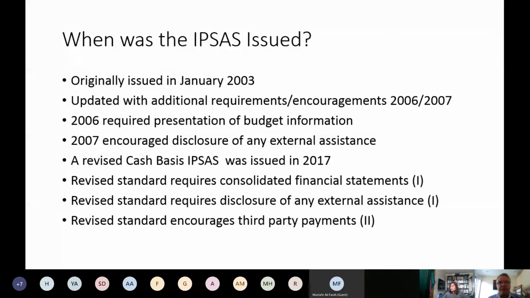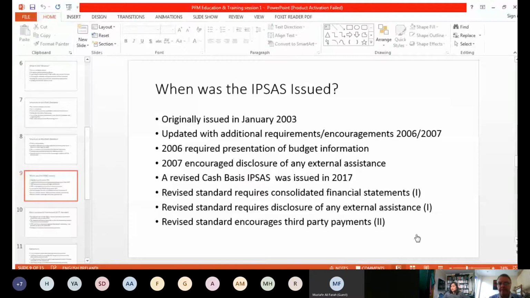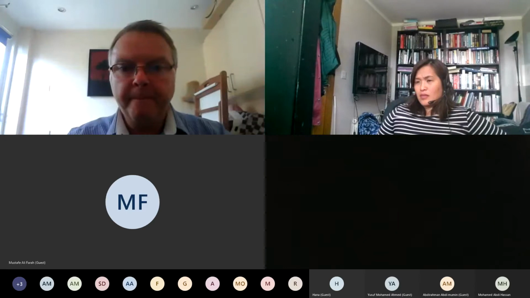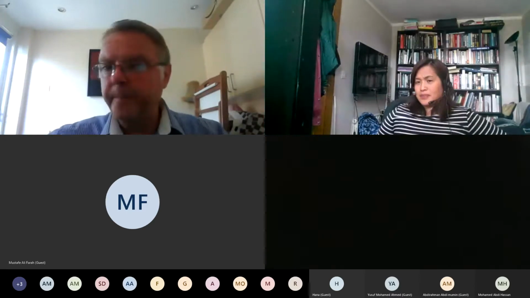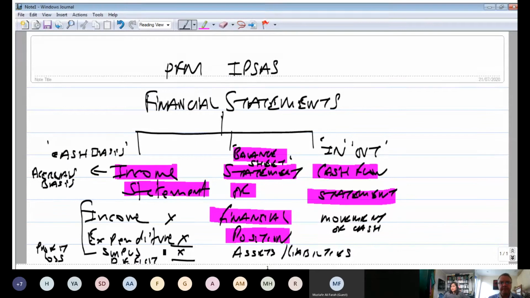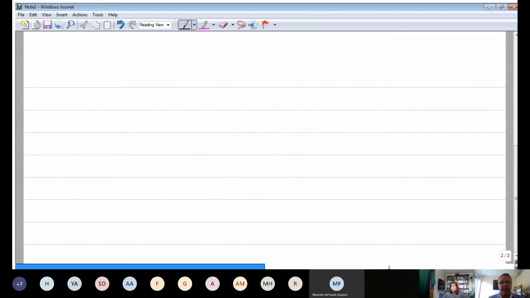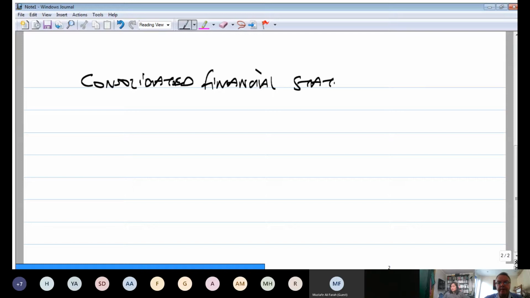So I'm going to flick now to my scribble screen and just talk about the words there, consolidated financial statements, just to help you understand it a bit better. Okay, so the word we used there was consolidated financial statements.